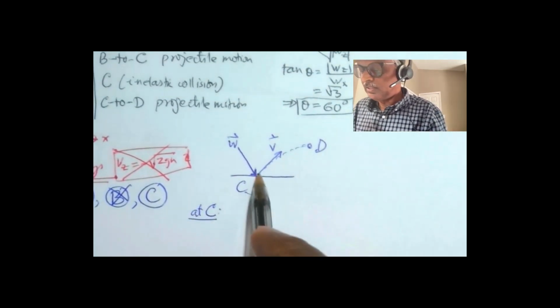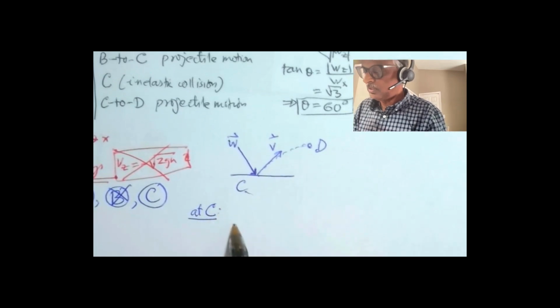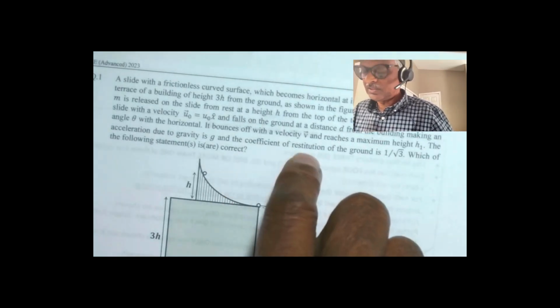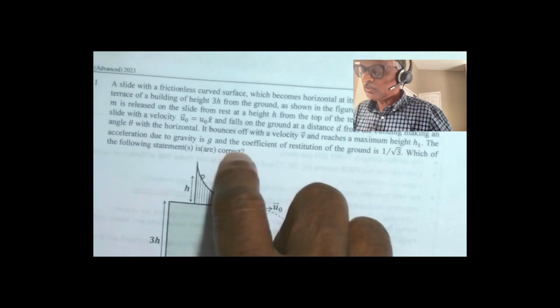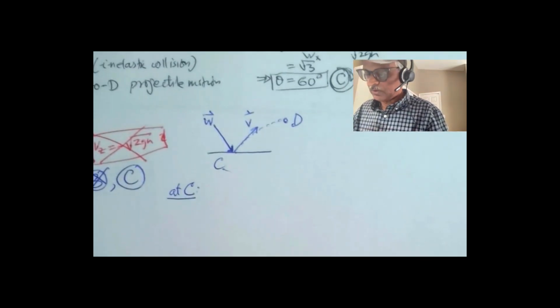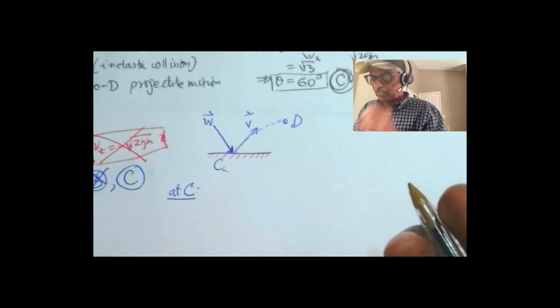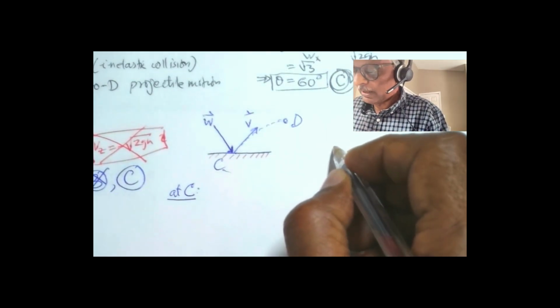At C is an inelastic collision. They tell us in the problem statement, if you go back, it says the coefficient of restitution of the ground is 1 over square root of 3. So you have to know what the coefficient of restitution actually is, the information it's giving you. One way to tell the coefficient of restitution against the ground, or against any two colliding bodies, is very simple.